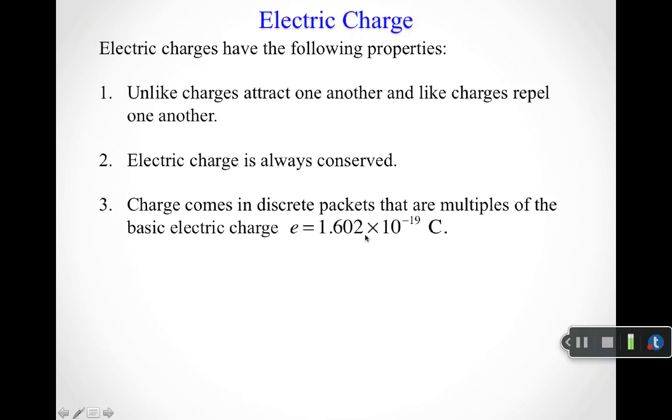So e is 1.602 times 10 to the minus 19th coulombs. You can't break charge up into smaller values than that, at least not without going into subatomic structure. So the electric charge e here, again, e is a positive value.